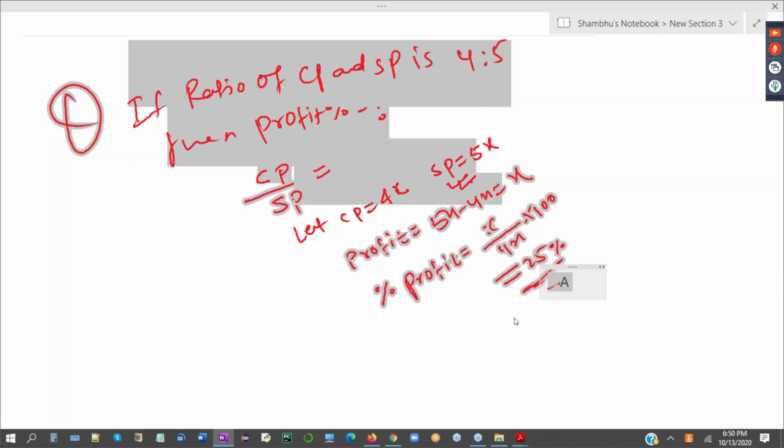What if both CP and SP are the same? If both SP and CP are same, then no profit, no loss.